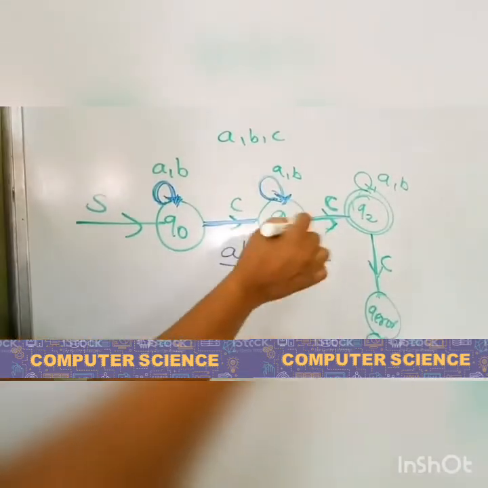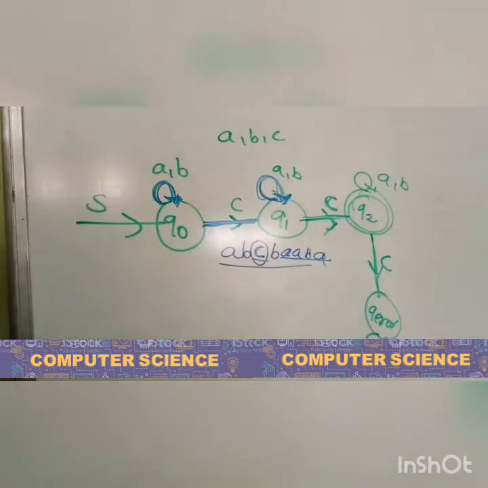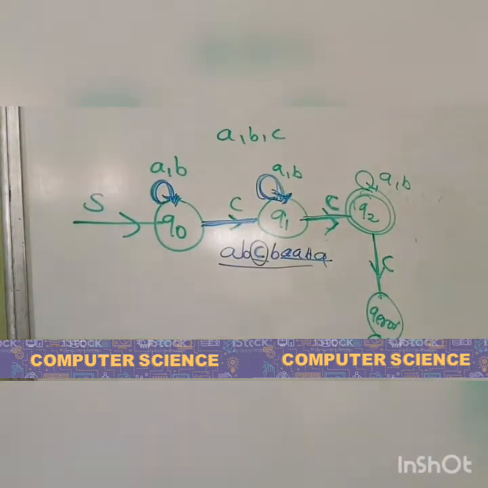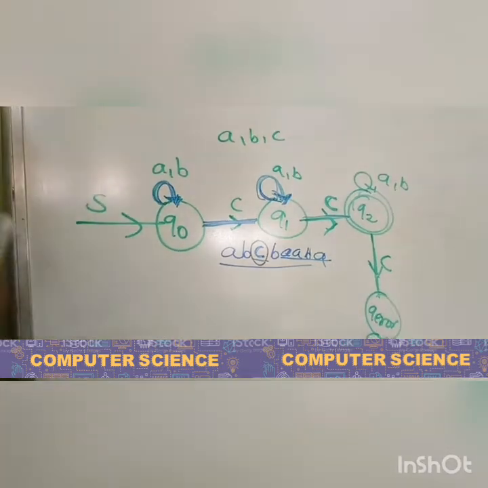For the remaining string, it will stay at Q1 itself. And as Q1 is not the final state of our machine, this string will not be accepted by our machine. This is all about the DFA for counting strings in which there is only two times occurrence of C.